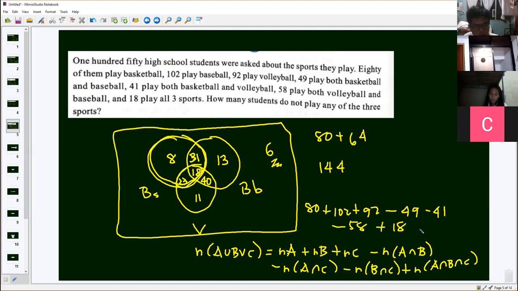So all you need to do, this is the union of the 3 sets. We are expecting 144 if you do this. Right? So, madali naman makita. 80, 102, 202, 294, minus 90, 194, tapos minus 50, 144. See?